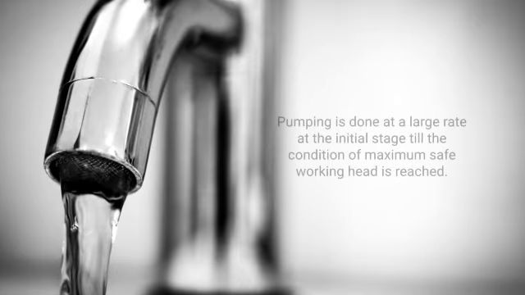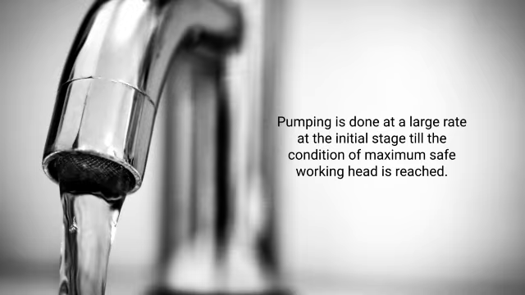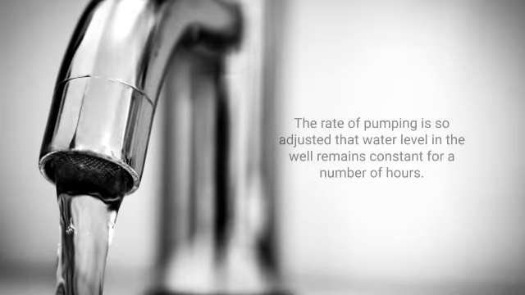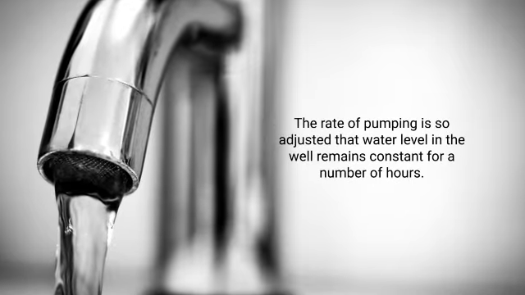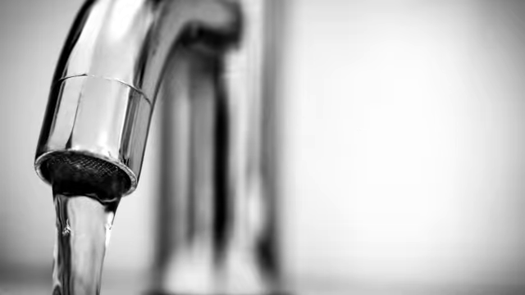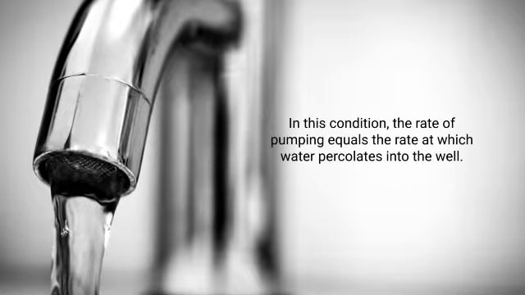Pumping is done at a large rate at the initial stage till the condition of maximum safe working head is reached. The rate of pumping is so adjusted that the water level in the well remains constant for a number of hours. In this condition, the rate of pumping equals the rate at which water percolates into the well.